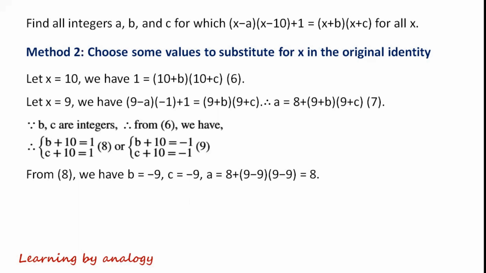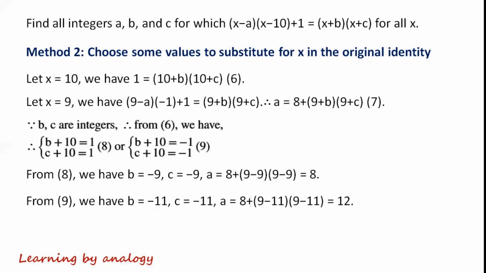From equations 8, we have b = -9, c = -9, a simplifies to 8. From equations 9, we have b = -11, c = -11, a simplifies to 12.